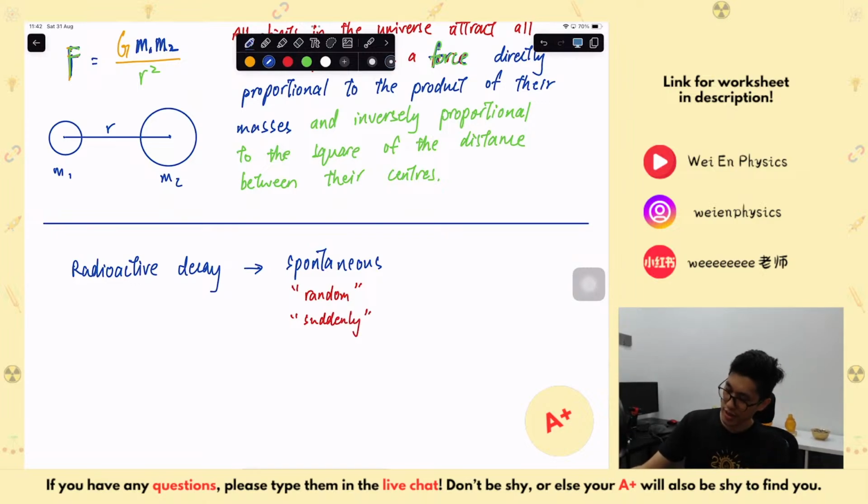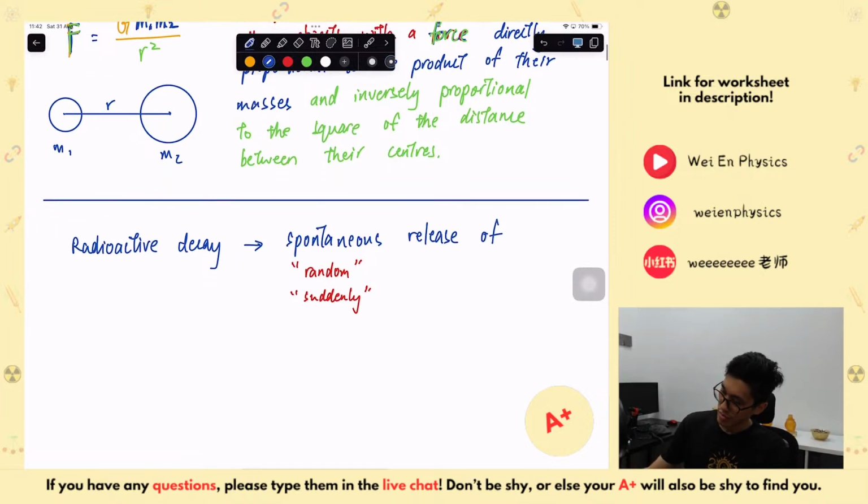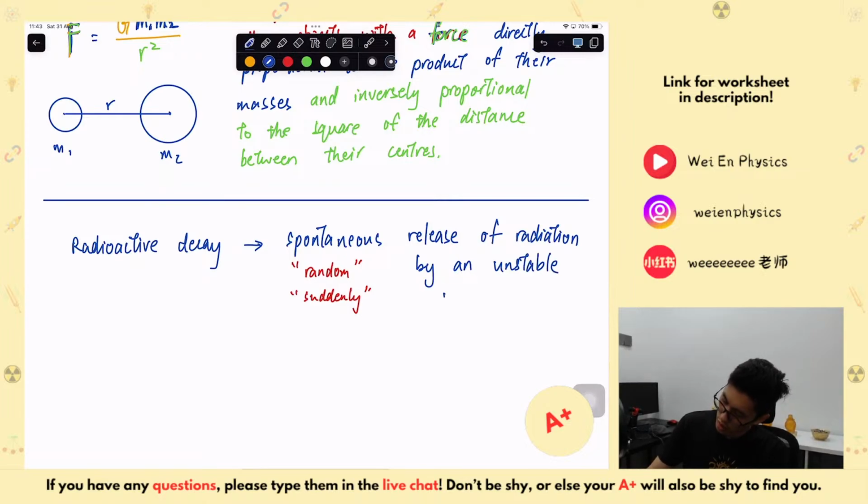Spontaneous release of radiation by an unstable nucleus.